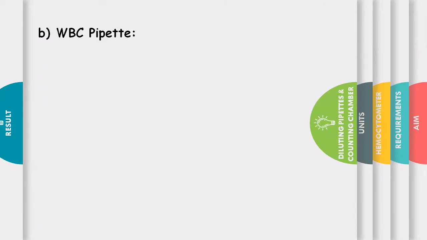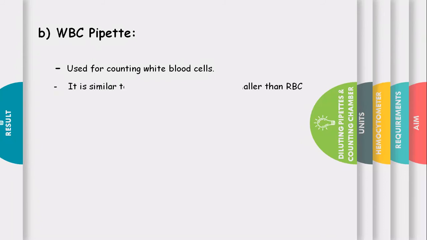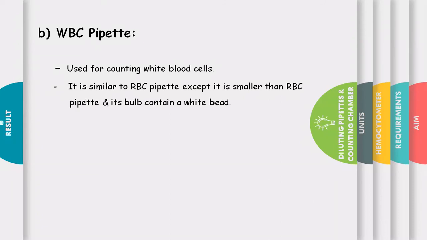Next is the WBC pipette, which is used for counting the white blood cells. It is similar to the RBC pipette except it is smaller and its bulb contains a white bead.